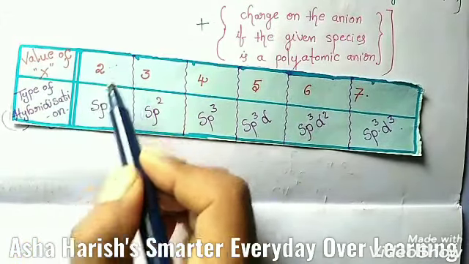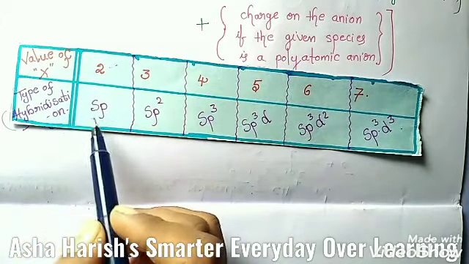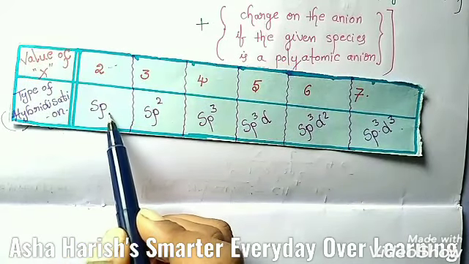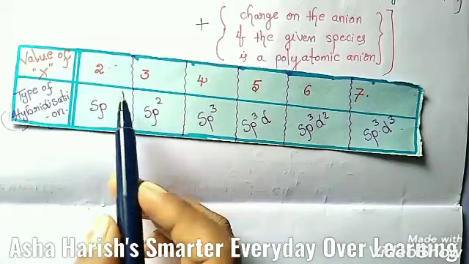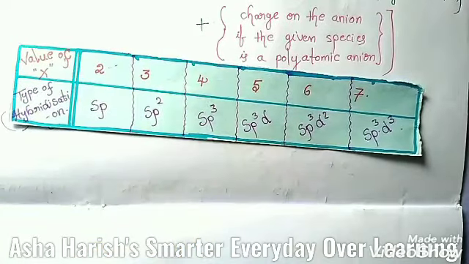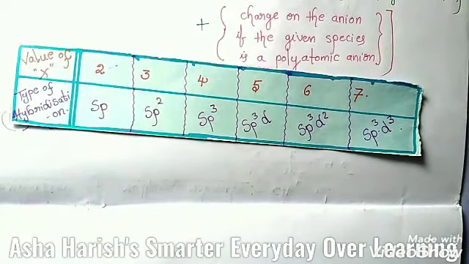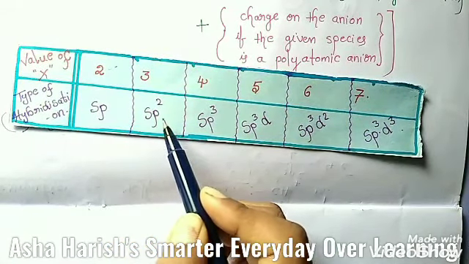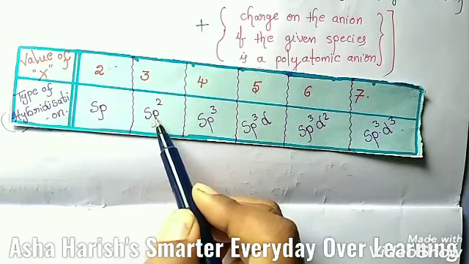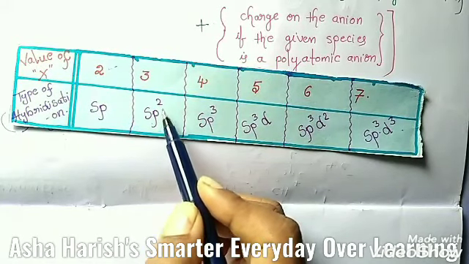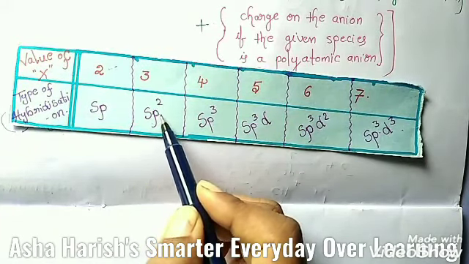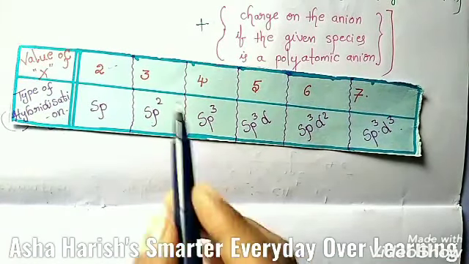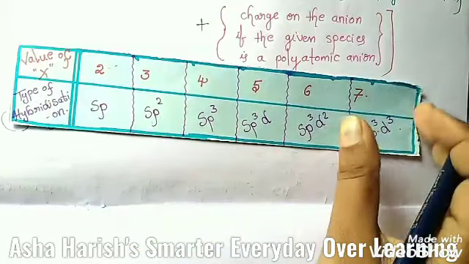X is equal to 2, that means the type of hybridization is sp, so 2 hybrid orbitals are to be formed. If suppose x is equal to 3, then sp2 hybridization, then the formed hybrid orbitals are 3 here: these two orbitals are p, plus the s orbital, so total 3 hybrid orbitals.